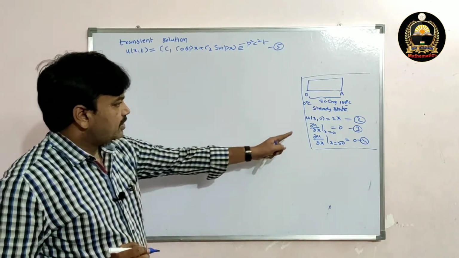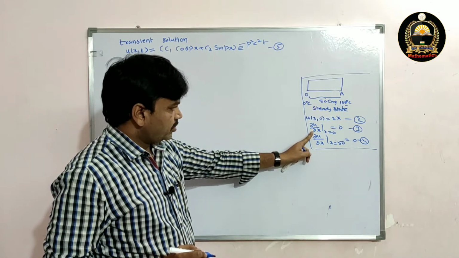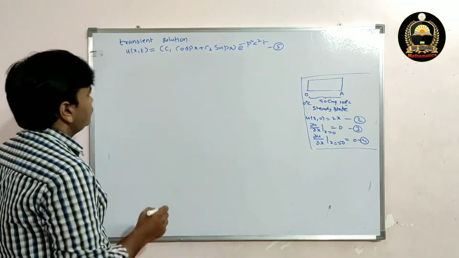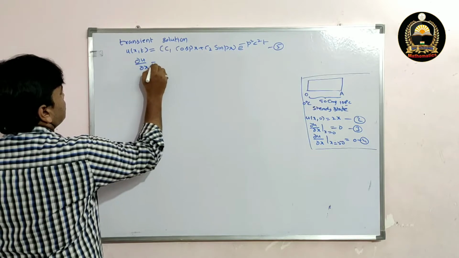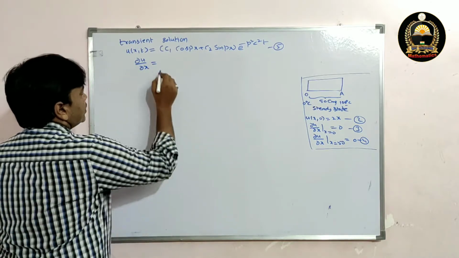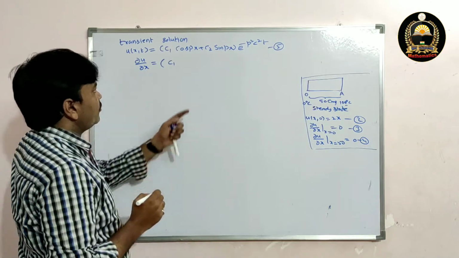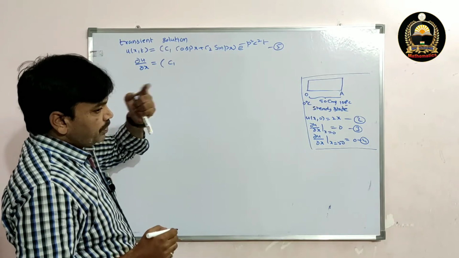Now I want to use the third condition. Here I have dou u by dou x, so you differentiate. Dou u by dou x is equal to C1 times the derivative of cos px with respect to x, so minus sin px into p.